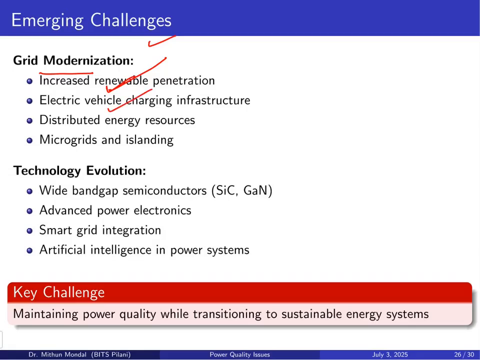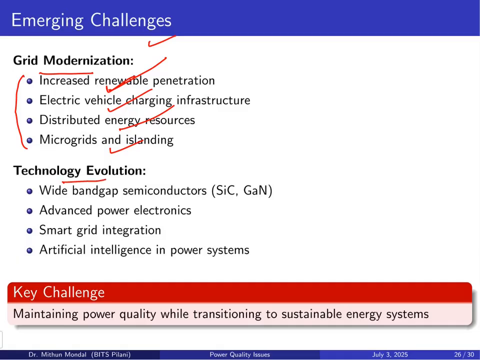Electric vehicle charging infrastructure is present from place to place, because now we are moving from diesel to electric vehicles, and this infrastructure is also causing power quality issues. Distributed energy resources, microgrids and islanding techniques are also causing various issues in grid modernization. So these are the modernizations we are taking into consideration, and these are also causing issues.